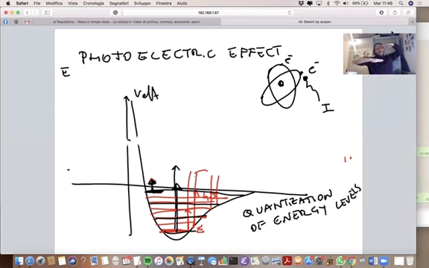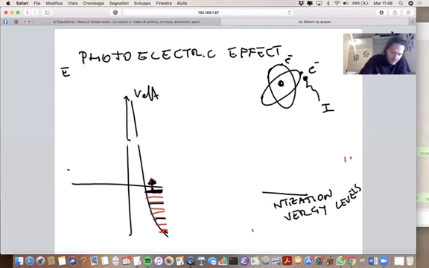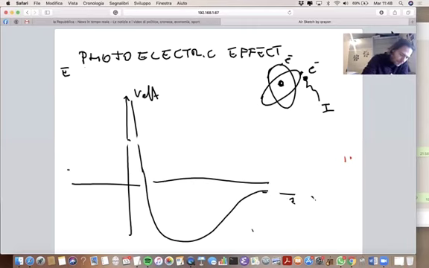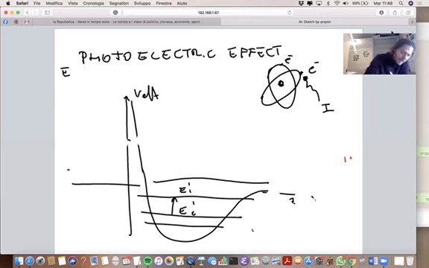And the frequencies that can be absorbed are only differences proportional to differences in energy. So in other words, the light that can be absorbed by an atom corresponds to frequencies proportional to the energy difference between these energy levels. So h nu, the nus that are allowed are only differences between these magic energies.